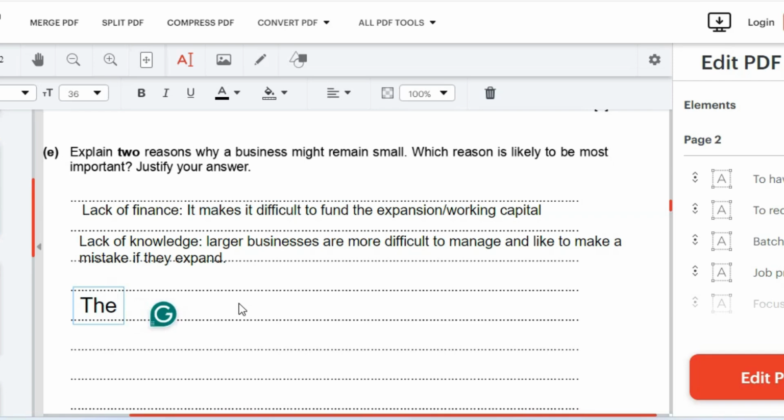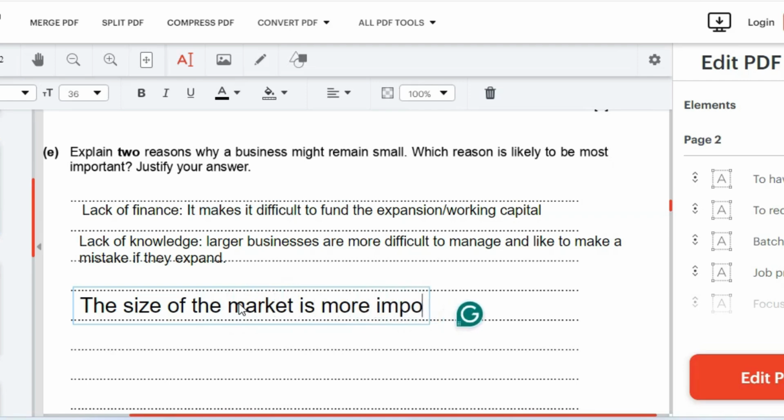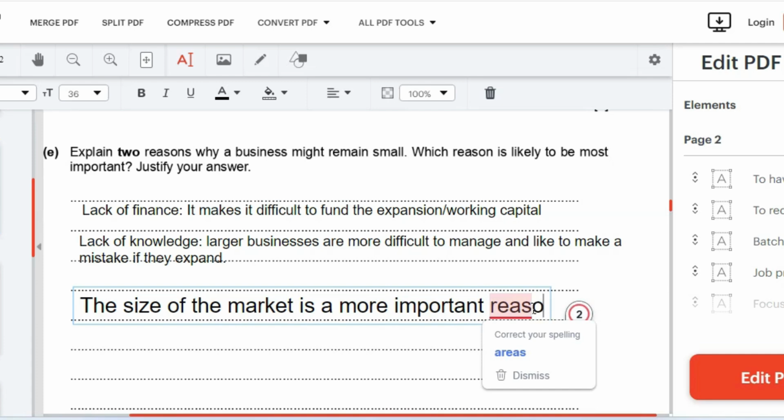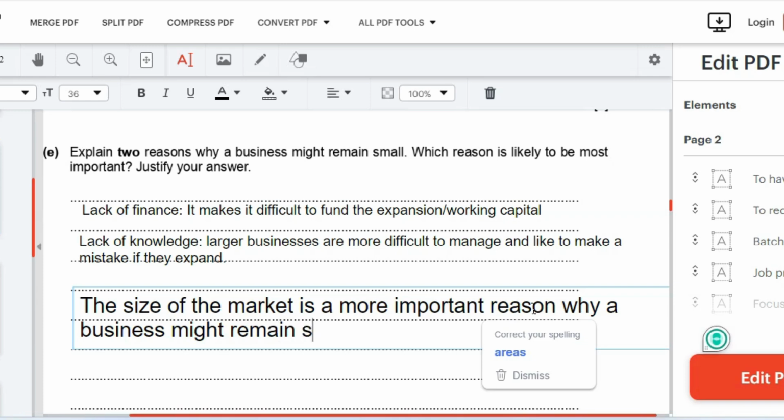The size of the market is a more important reason why a business might remain small.